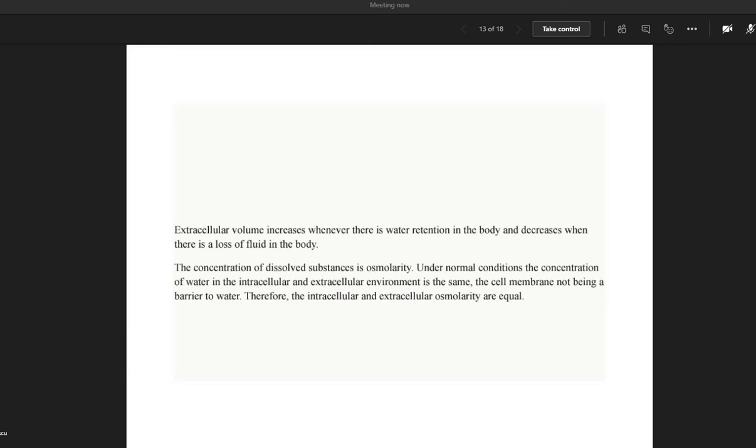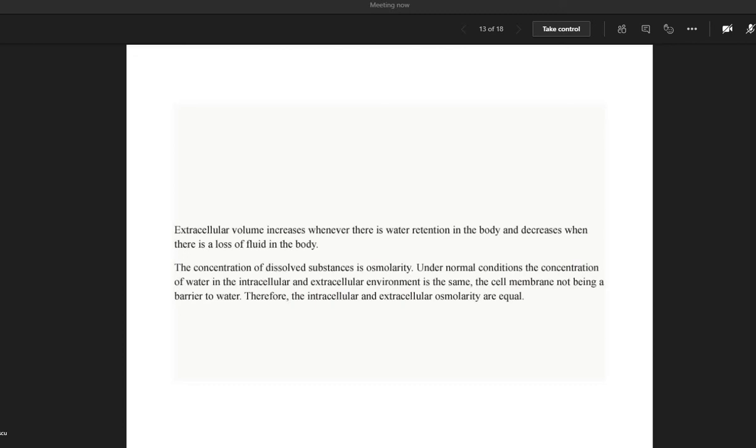The osmolarity, I just told you, is the concentration of dissolved substances. And under physiological circumstances, meaning under normal conditions, the concentration of water in intra and extracellular compartments must be the same. Okay?